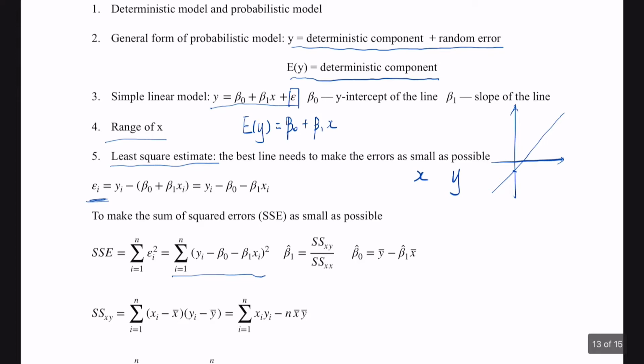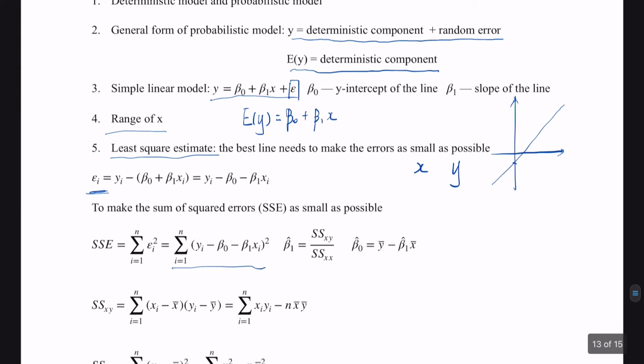So if we employ this method, we'll have a beta 1 hat equal to this, and beta 0 hat equal to this. So please pay attention. They have this little hat on beta 1 and beta 0, which means that they are sample statistics. They are not population statistics.